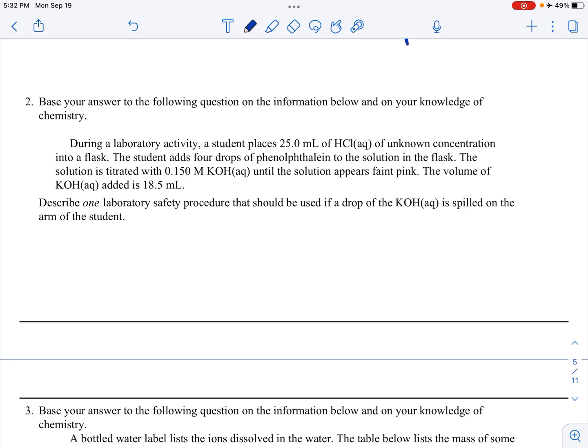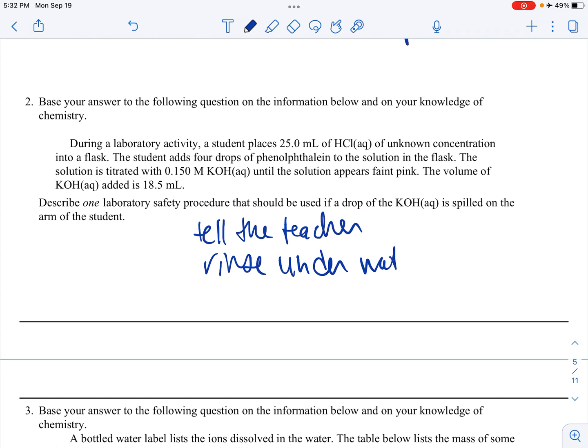Describe one laboratory procedure that should be used if a drop of KOH is spilled on the arm of the student. Obviously, you should tell the teacher. You should rinse under water. And I would monitor, possibly tell the nurse throughout the day.